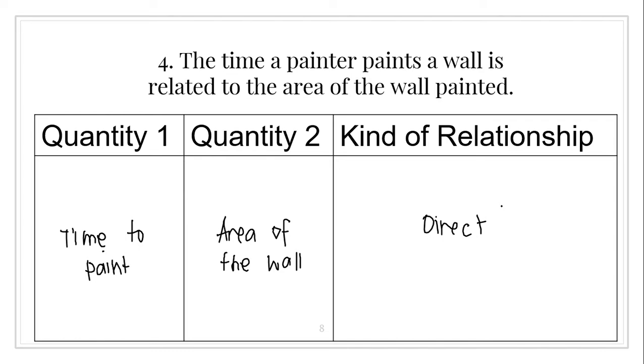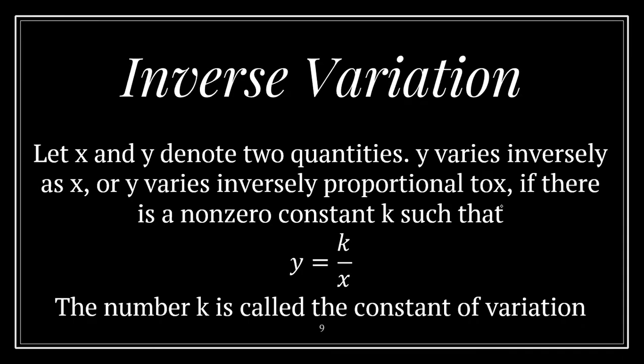Okay? So, the relationship between the length and the width of the rectangle in the activity is an example of inverse variation. So, as x increases in value, y decreases in value. So, we have here inverse variation.